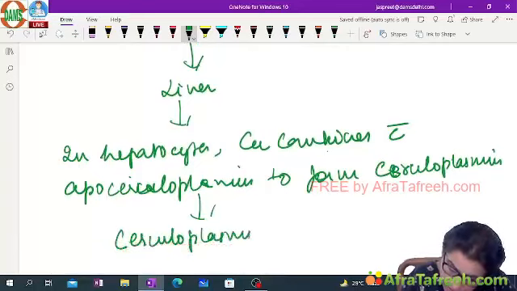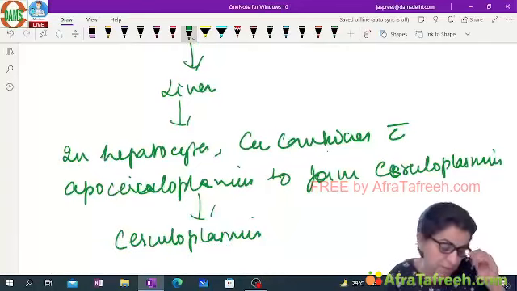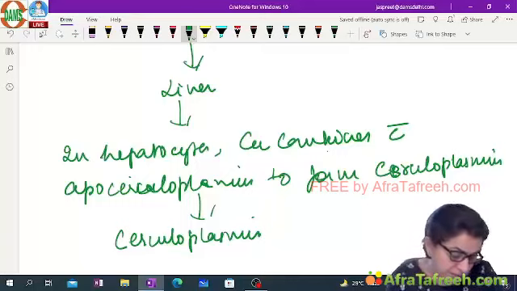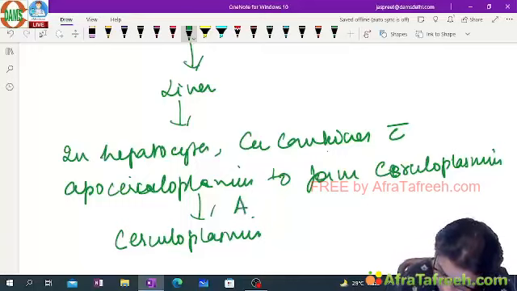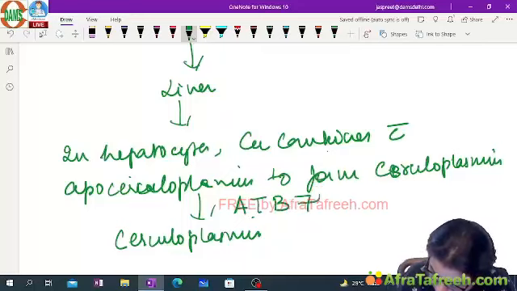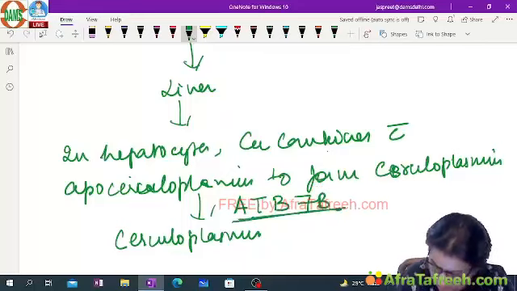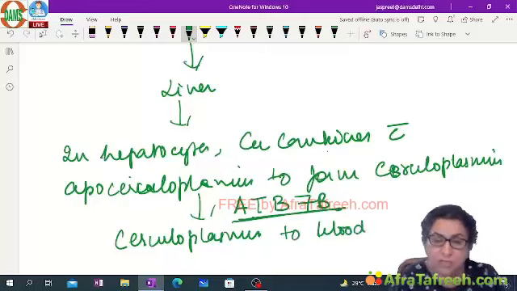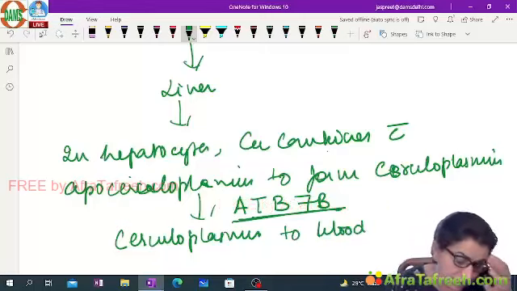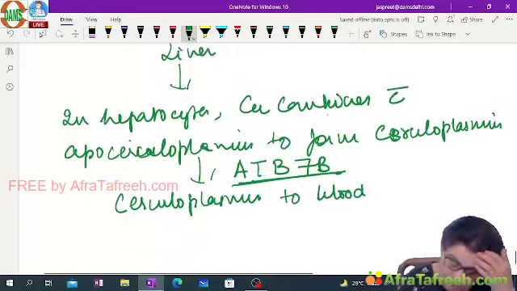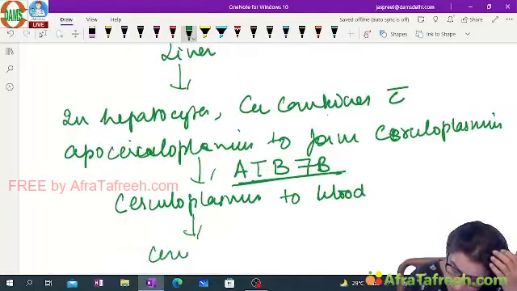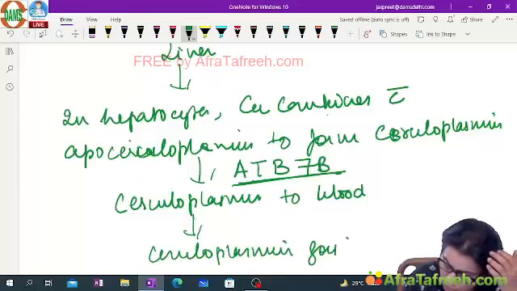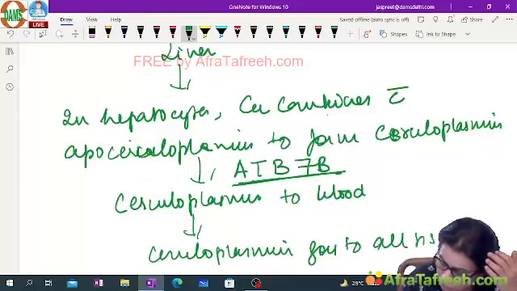Now there is a protein called ATP7B, and this ATP7B moves ceruloplasmin from the hepatocytes into the blood, and then this ceruloplasmin goes to all the tissues of the body.